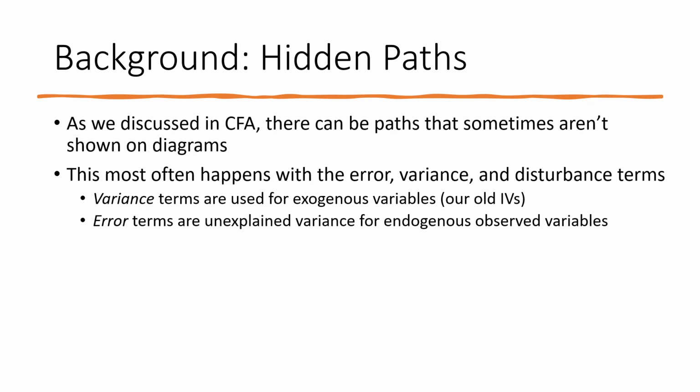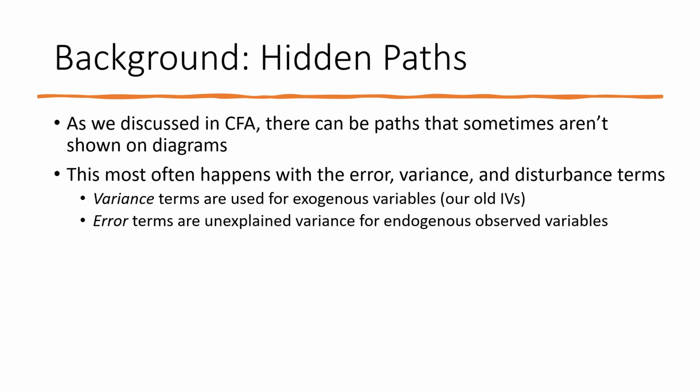But within these endogenous variables, with the arrows pointing to them, there is going to be some variation in the variable that is not explained by the variables pointing arrows towards it. And the variance in an outcome that is not explained by all of the things that we are hypothesizing contributed to it, that variance we call error, typically in regression.